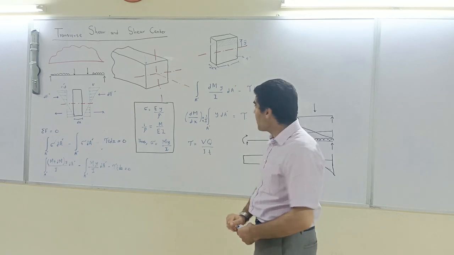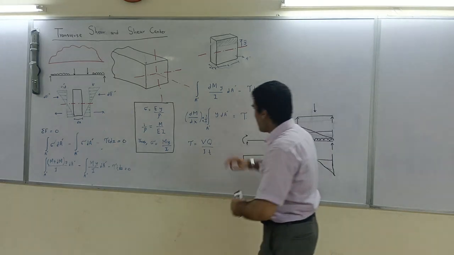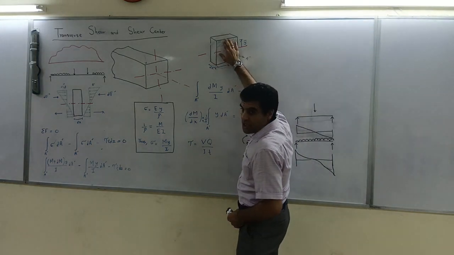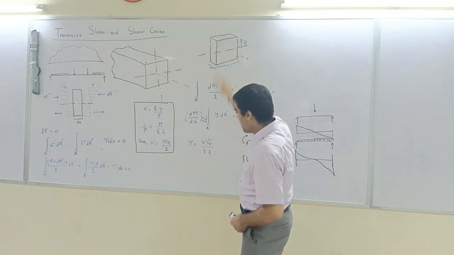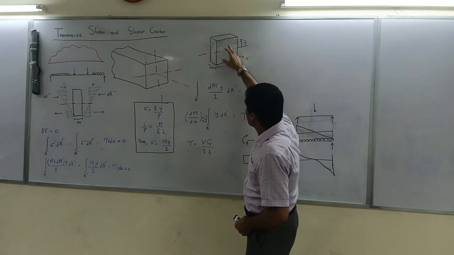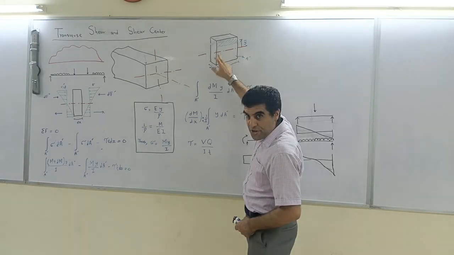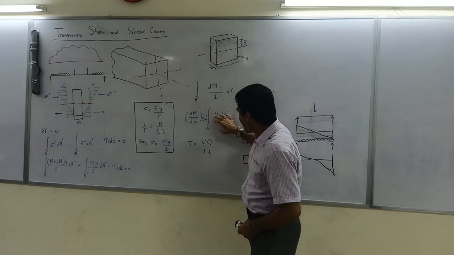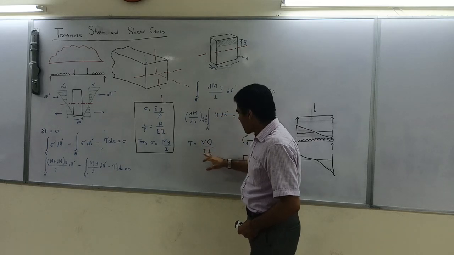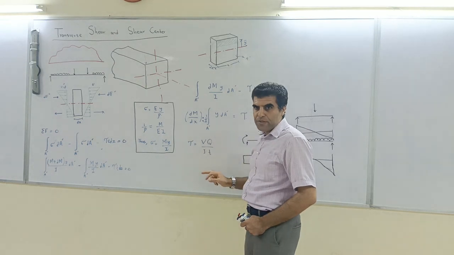So in other words, we take a small portion and we take a moment of that with respect to this axis, the neutral axis. So that is your Q, which is y dA prime, divided by IT. So this is our shear equation.